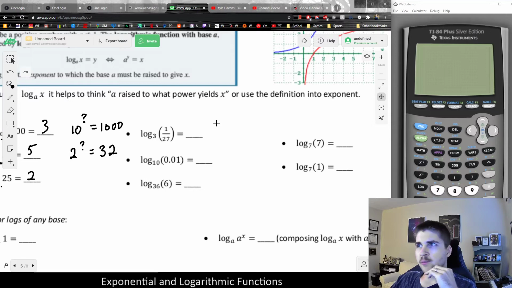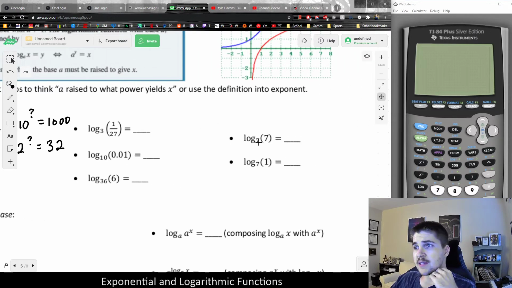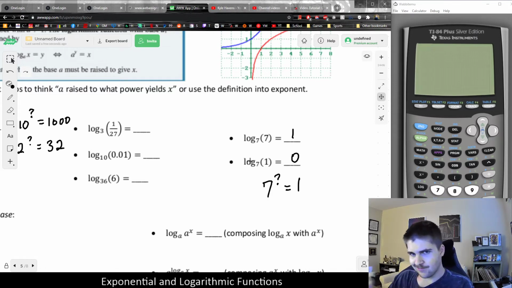So looking at a couple more, let's look at the two on the right. Now there's a couple basic properties of logs of any base, and that's that if the base matches the input, this will always give me 1, because 7 to the first power always keeps it consistent, right? Because 1 7 makes 7 in any case. And another one that's consistent for logs of any base is if I take any logarithm of 1, the answer is always 0, because I think about, well, 7 to what power makes 1, and the only way to make 1 when exponentiating, and that's just a verb for raising something to a power, is to take it to the 0 power, right?